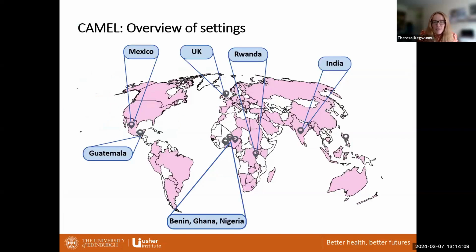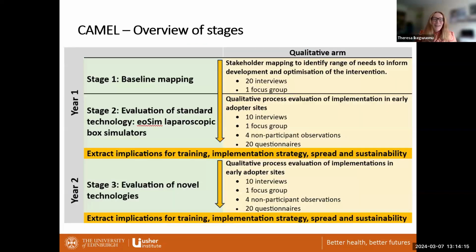Here is an overview of the settings again, as promised, so that we don't forget. We've got an overview of the stages for QUAL here as well. So QUAL is in 3 stages, and year 1, which is the year we are in just now, is focusing on stage 1 baseline mapping and stage 2 evaluation of the standard technology, or the EUSIM laparoscopic box simulators.